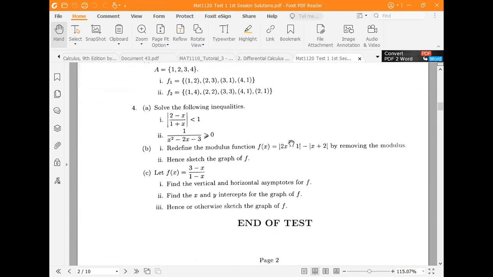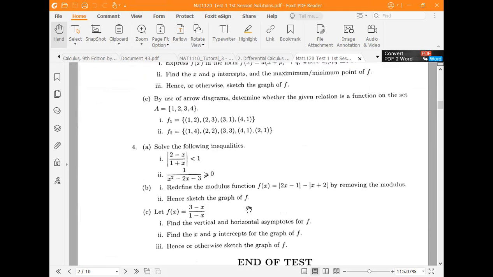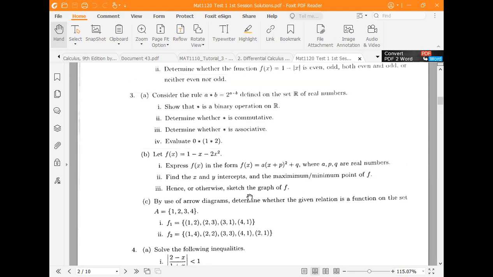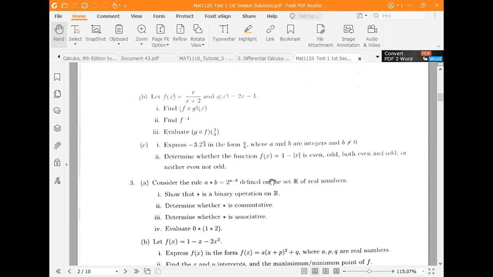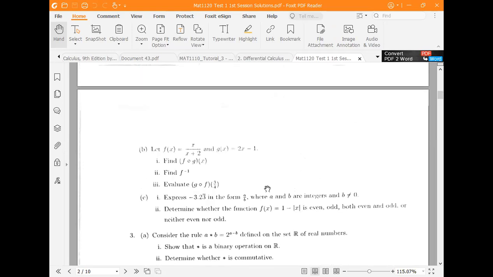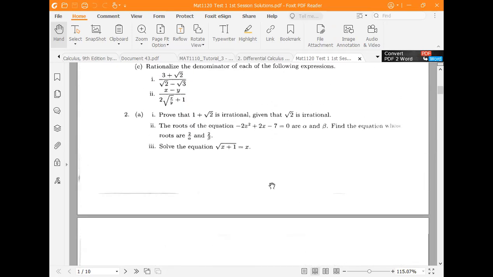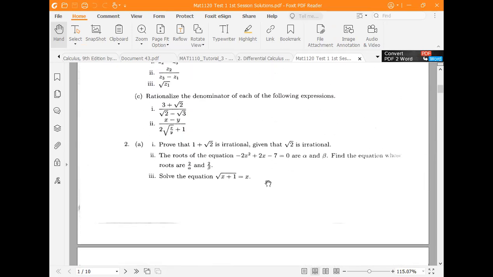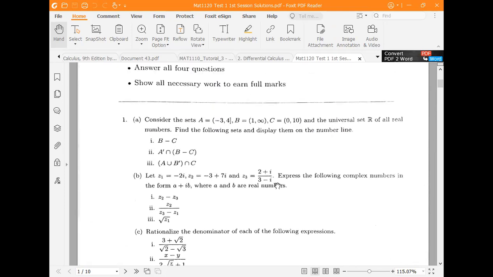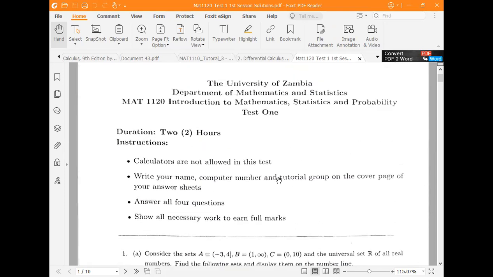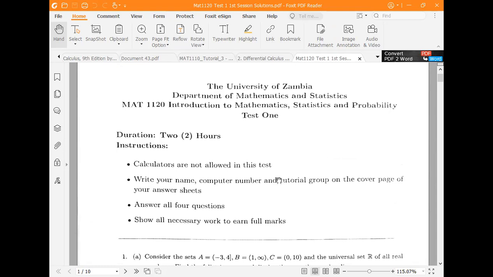Okay, so this one did not have anything to do with the domain. I don't know for whatever reason, we did not have domains in here. That is interesting. Let's see if this year there will be no domains again. Have you seen? Last year, no domain.